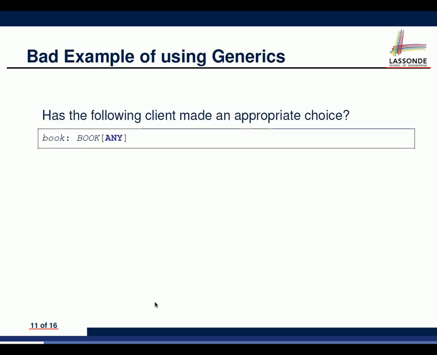Now I want you to consider this particular design. I believe you asked me this before the reading week. Maybe you forgot, but I remember. Has the following client made an appropriate choice here? Basically, me as a client, or you as a client, you want to declare a book. I want to be so tolerant.